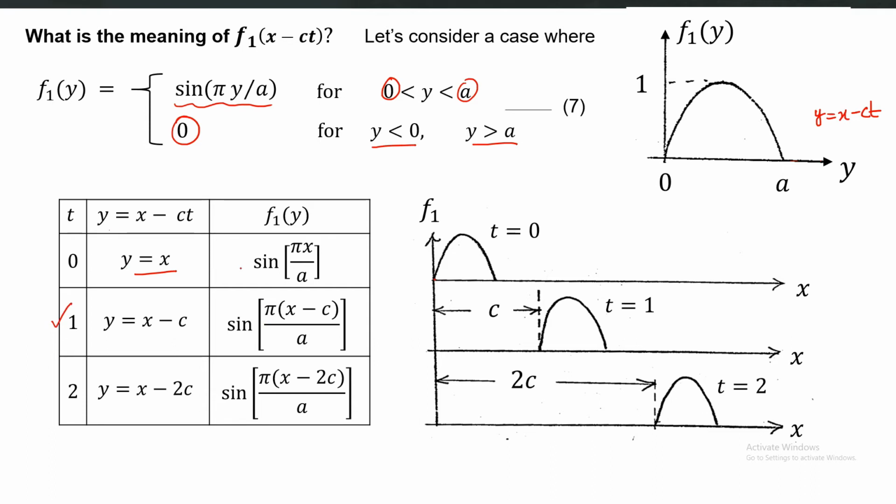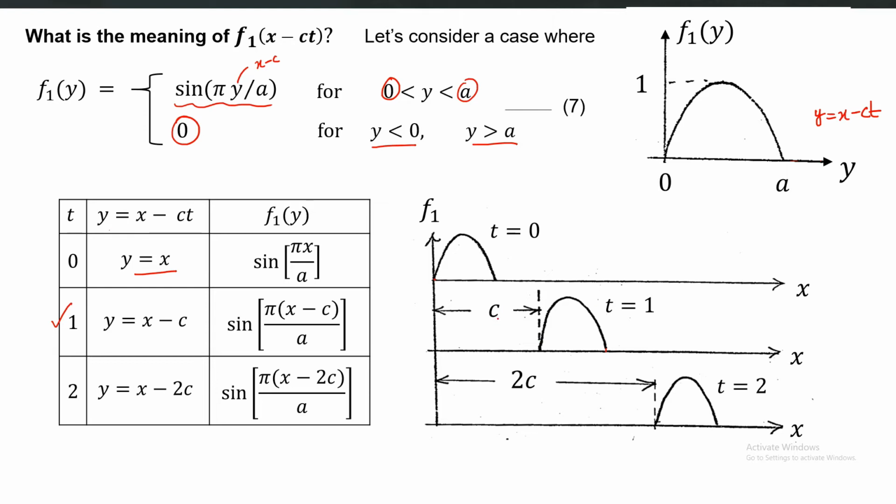For t equal to 1, y will be simply x minus 1c, in fact x minus c. When you put that and plot that function as a function of x, you will get this half sine pulse, but it will be displaced by a distance c. You will again get a half sine pulse, but not starting from 0, rather starting from some distance equal to c.